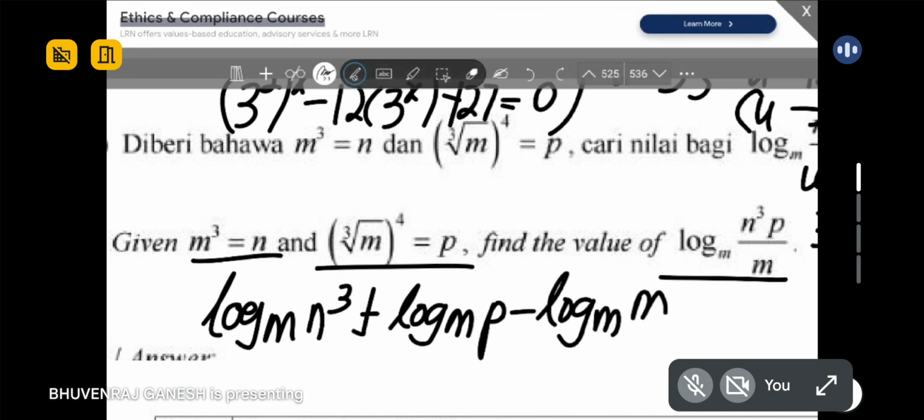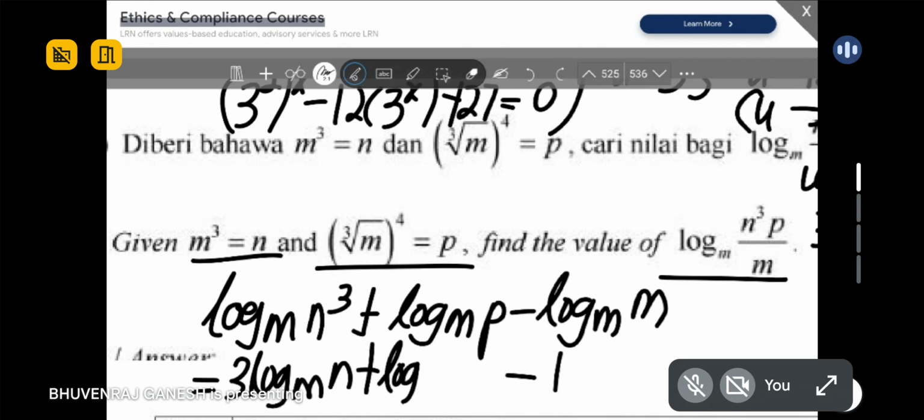When divide, must minus lah. Am I right? Okay, so log mm is just a 1. So this one you can write minus 1. And then this one over here, guys, yang ni, what is the value over here? Okay, you need to modify. The 3 you can bring down. Log mn plus log mp.